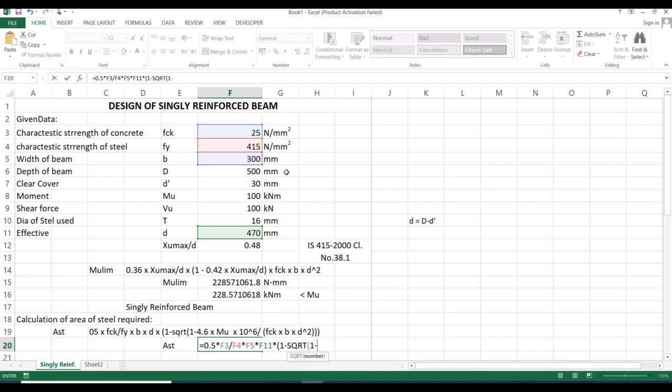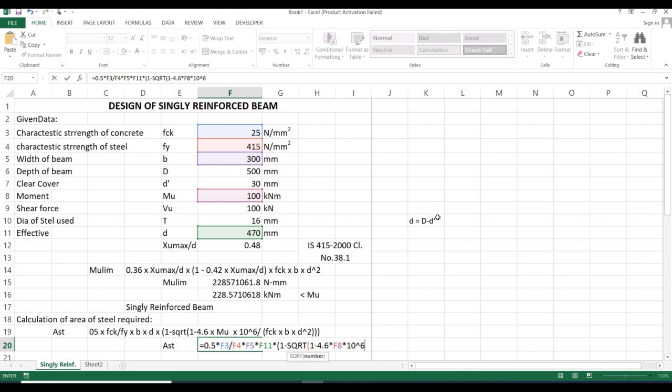1 minus 4.6 into Mu into 10 raised to 6. Why have I written the 10 raised to 6? Because all the values are in Newton per mm, except my Mu, which is in kilonewton meter.